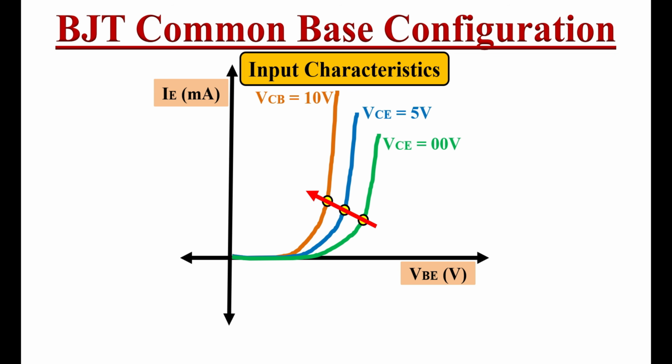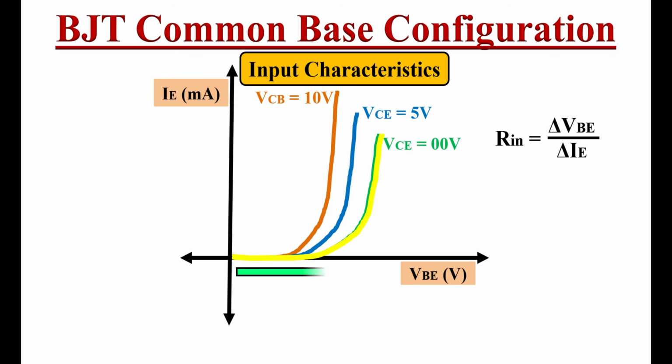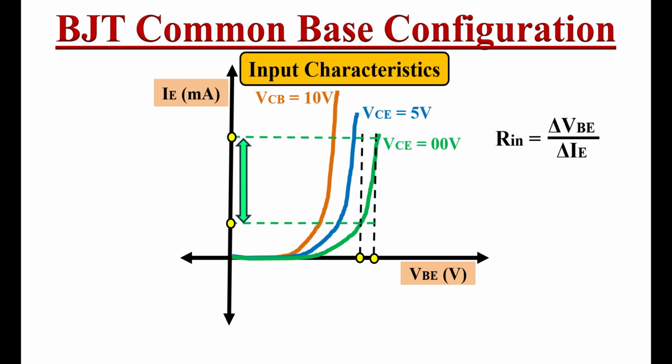Here we can find the input impedance of the common base configuration. If we find the slope of this curve, then we can find the input impedance. That means the input impedance Rin equals delta VBE divided by delta IE, that is, the change in input voltage to the change in input current. If we observe here, even a small change in VBE produces a huge change in the emitter current.